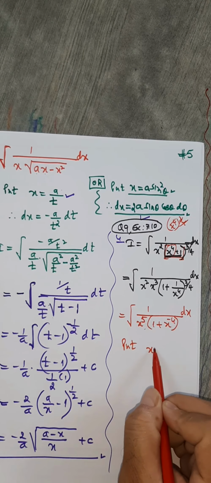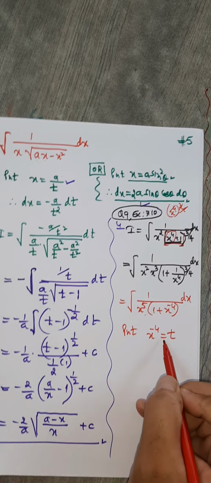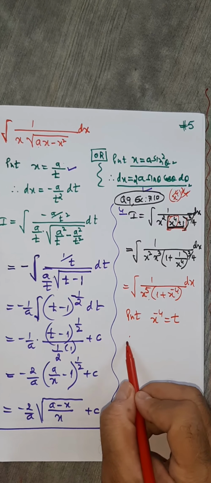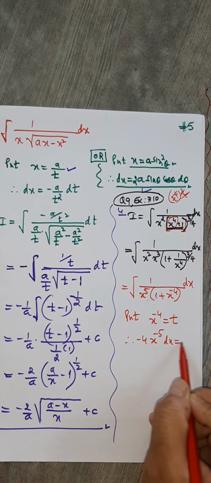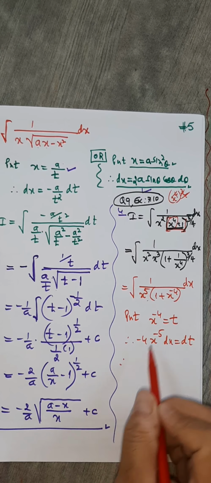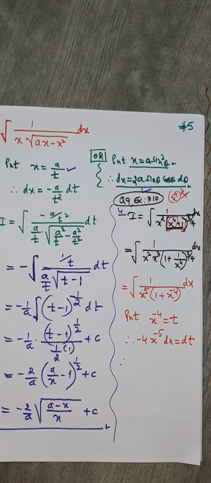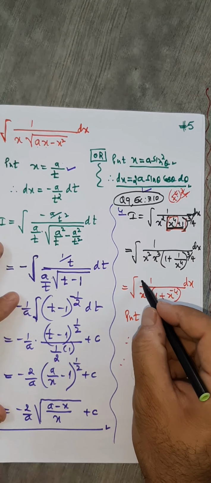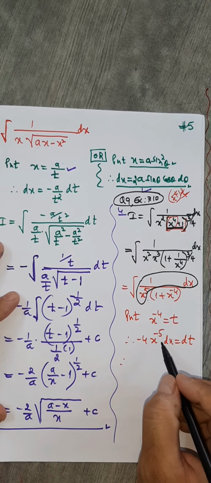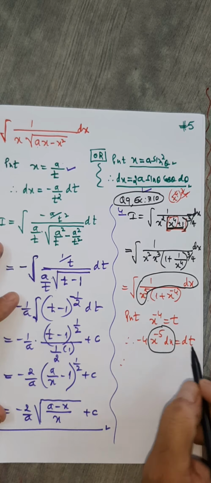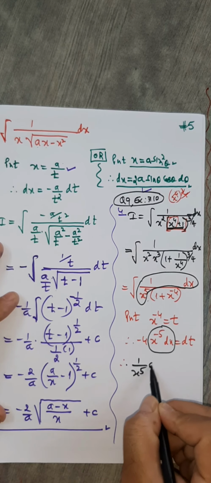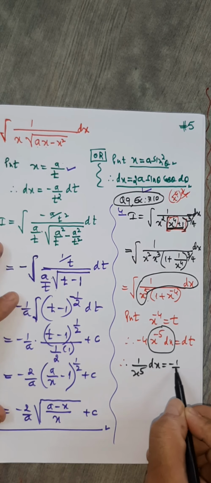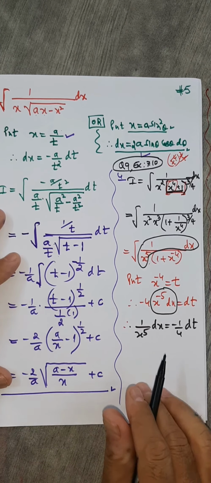Now put x raised to minus 4 equals t. What's the differentiation? Minus 4 x raised to minus 5 dx equals dt. Now this much is already there here. So I'll take minus 1 by 4 to the other side. So 1 upon x raised to 5 dx equals minus 1 by 4 dt.